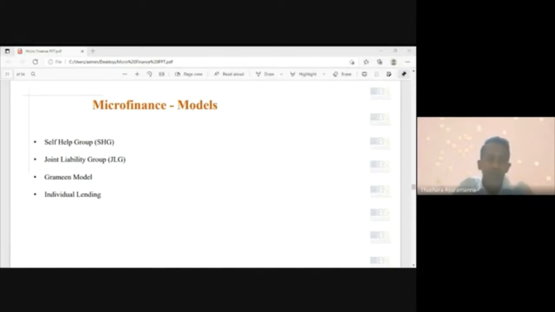So basically, what we have been doing since last week was discussing microfinancing models, right? We have discussed SHG and JLG, the self-help group and joint liability group.